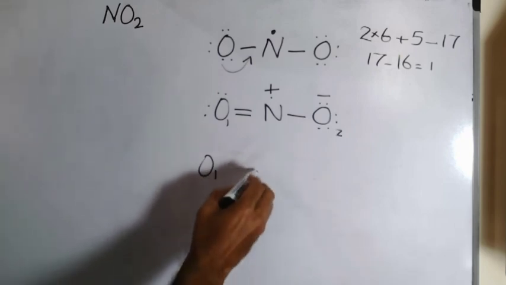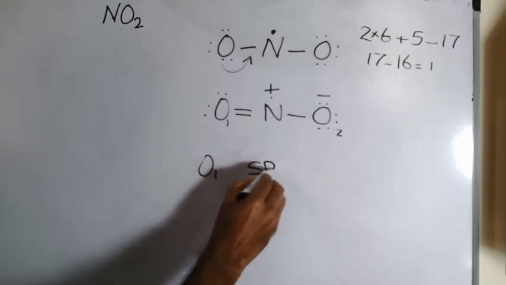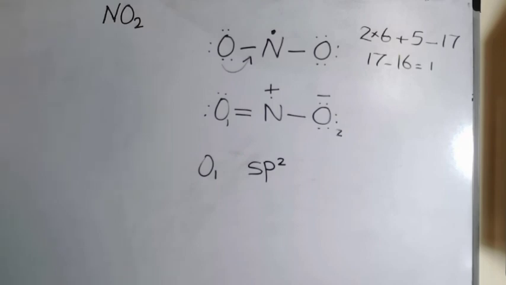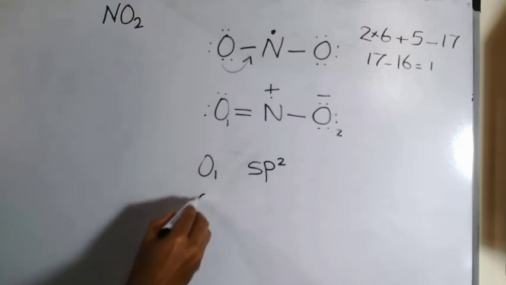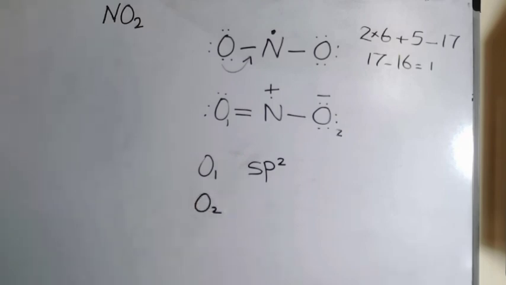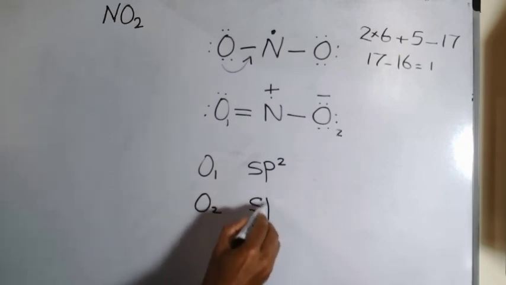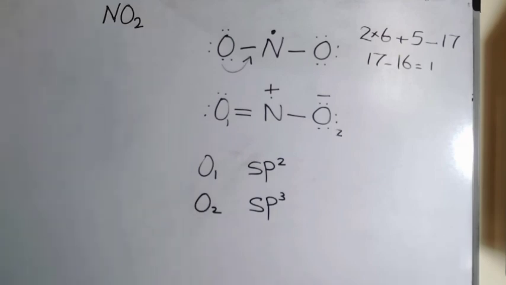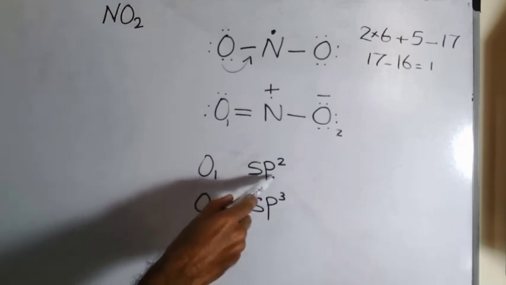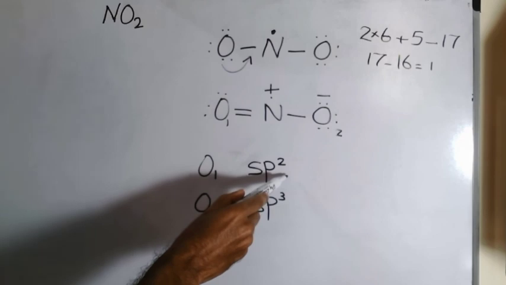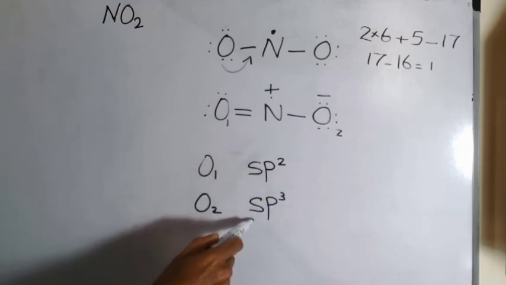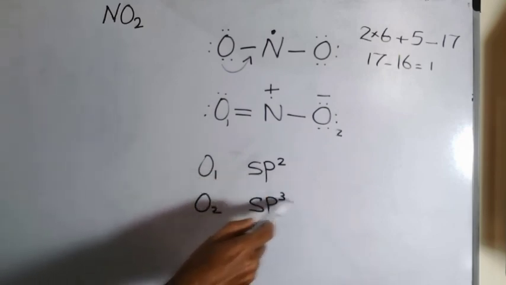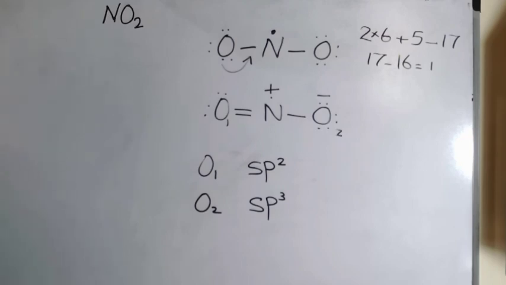That means it is sp2. When you consider oxygen atom number 2, 3 lone pairs and 1 sigma bond, so we have to have 4 hybridized orbitals. So it is sp3. That means 1 s orbital and 2 p orbitals add up to 3 hybridized orbitals. Here 1 s orbital and 3 p orbitals add up to 4 hybridized orbitals.